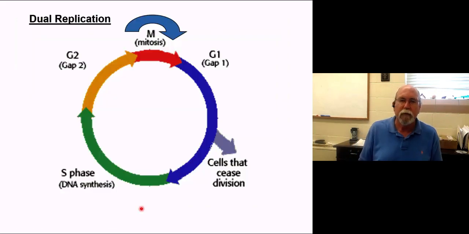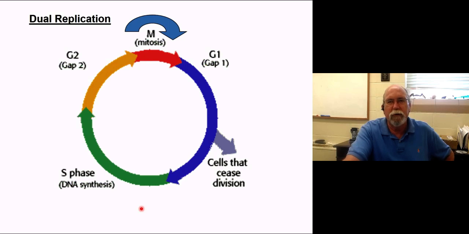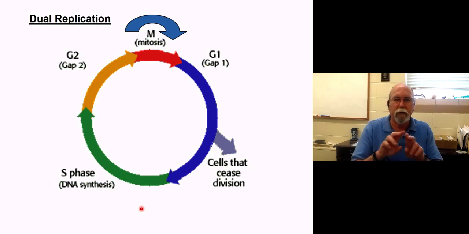Okay? All right, and then we have this concept of dual replication. What dual replication really means is that you just basically skip mitosis or meiosis. The cell is a pretty dumb system, right? It kind of does go in a circle like this. So you're in G1, you go through replication, you duplicate all those homologs, make sister chromatids.